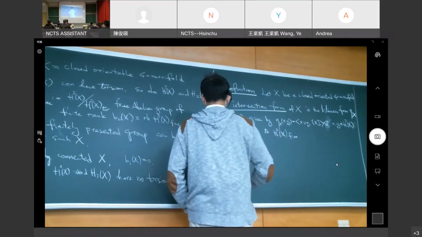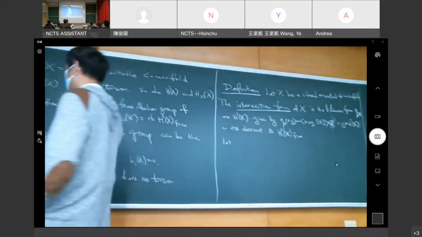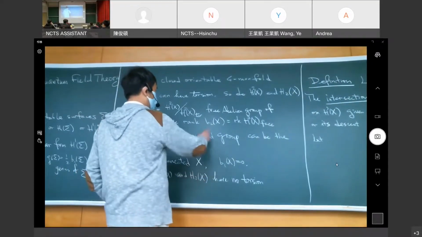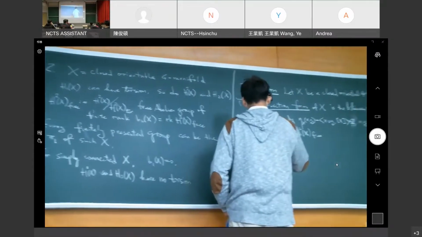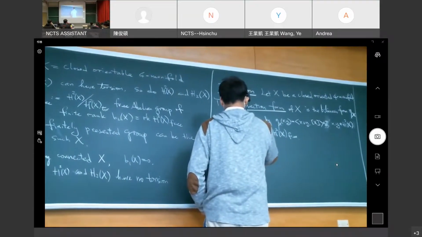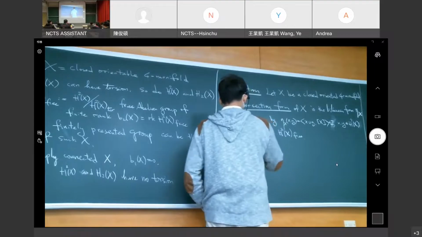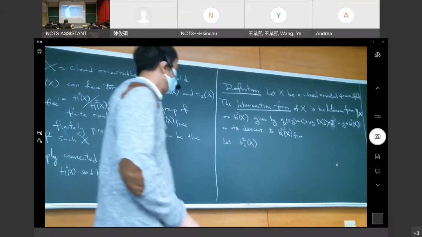These are, so we have already B2, the second Betti number here. We can also separate it into two parts, B2 plus and B2 minus.